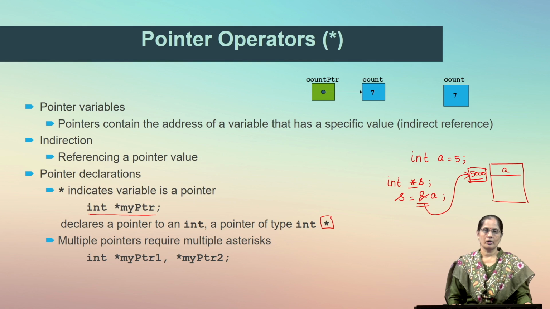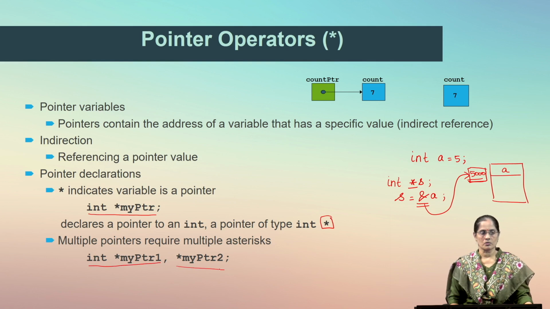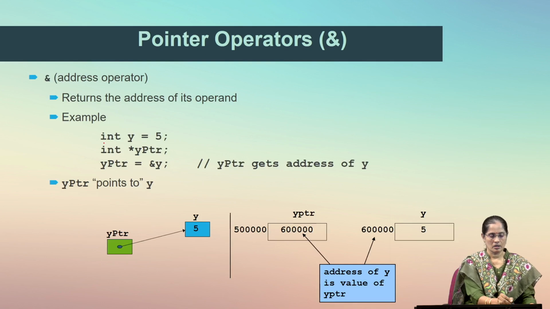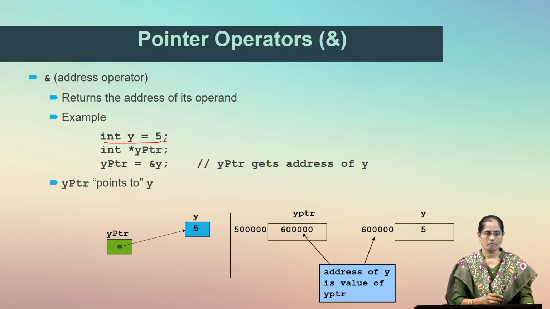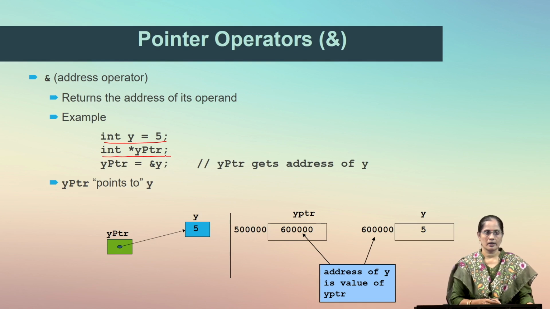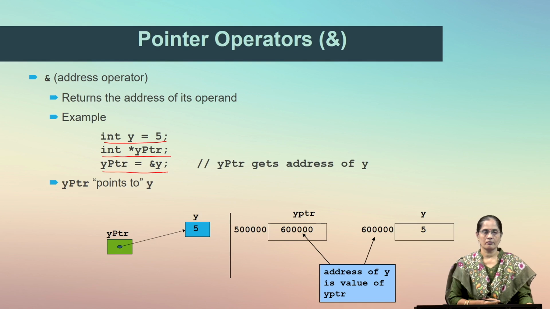Multiple pointers require multiple asterisks, in the sense that I can declare one pointer variable, and the other pointer variable also. As we have discussed, int y equal to 5, int asterisk y pointer, I am declaring a pointer type variable, then y pointer equal to ampersand y. By doing so, I am assigning the address of that variable to y pointer.